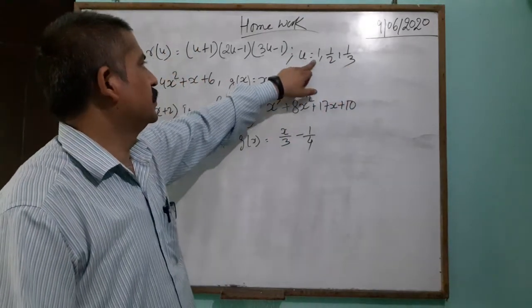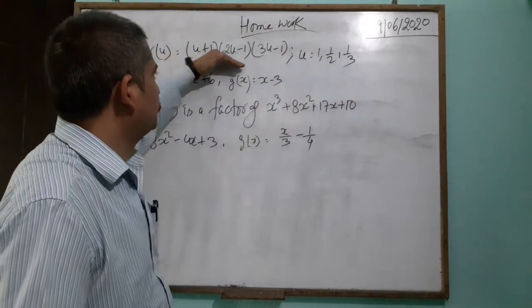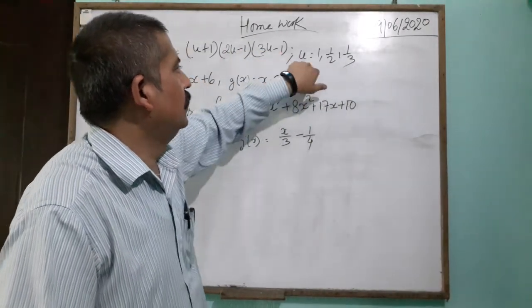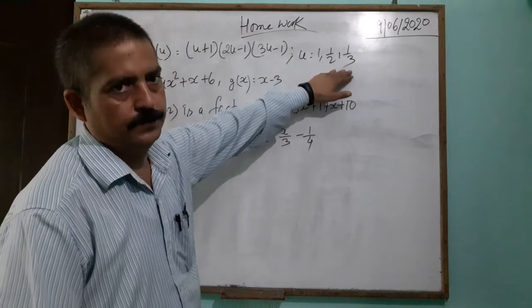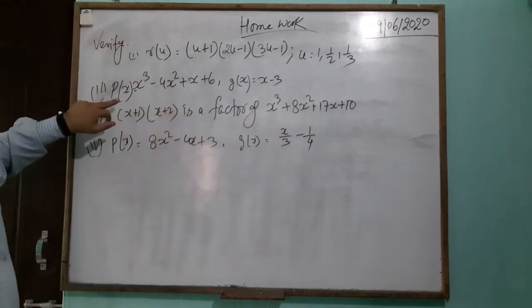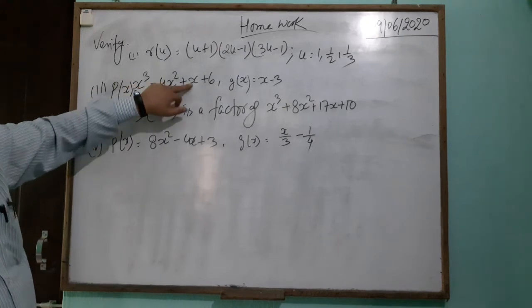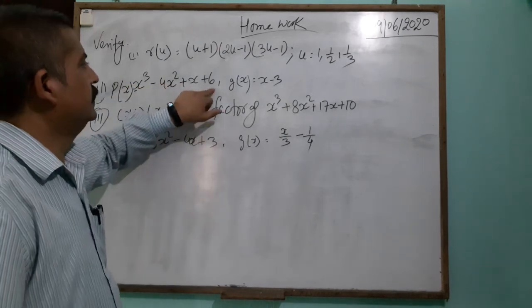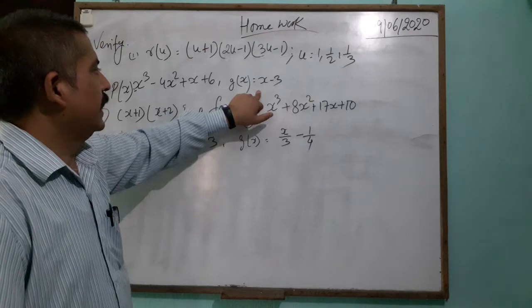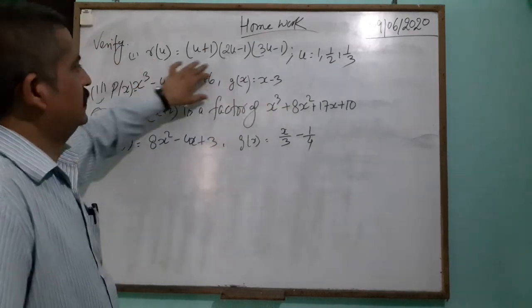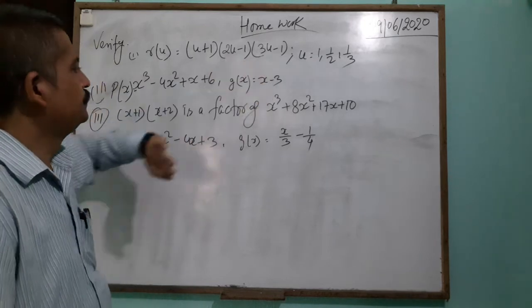Means if the zeros of that given expression will be 1, 1 by 2 or 1 by 3, all or some. Next, x cube minus 4x square plus x plus 6: is x minus 3 a factor of that given expression or not.